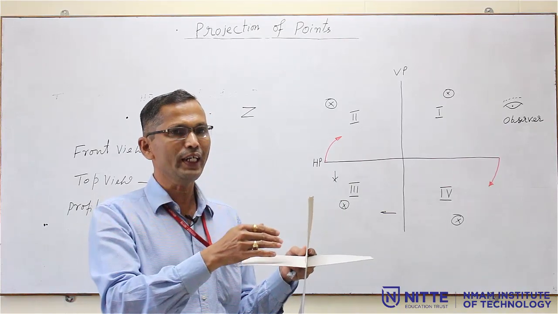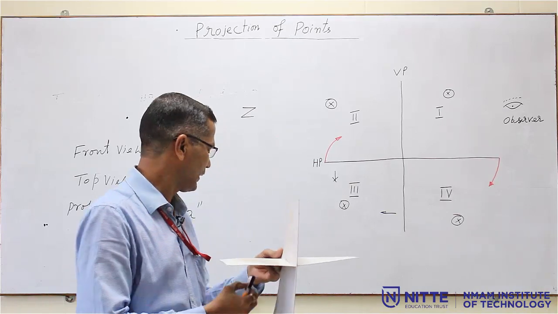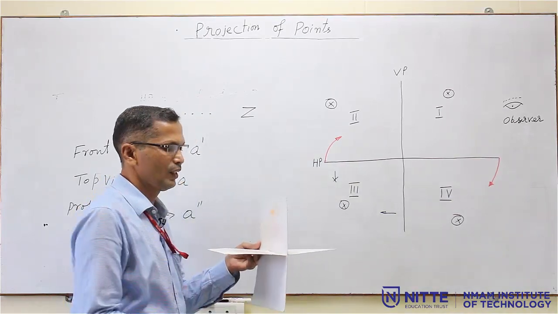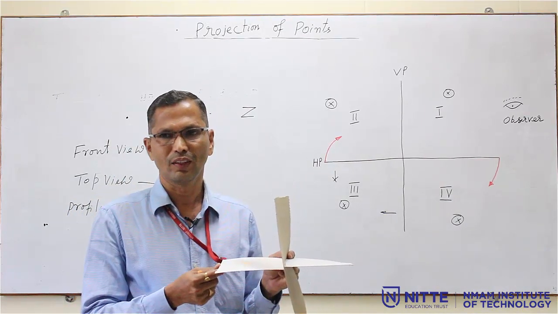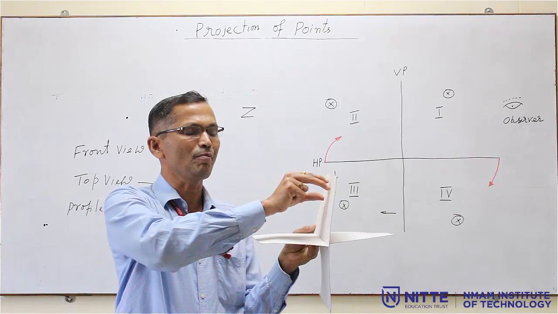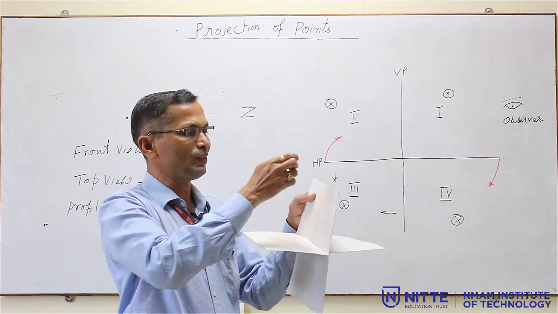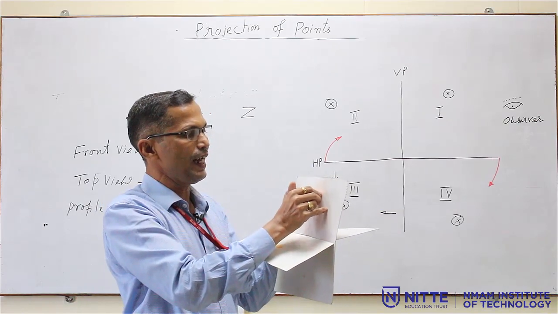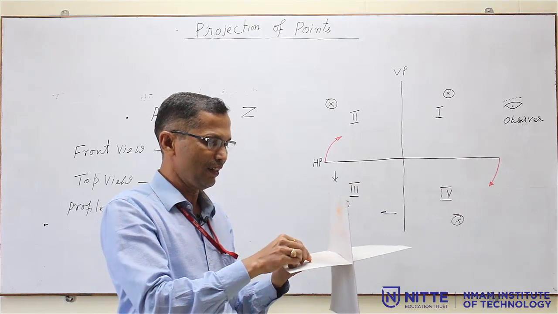Now, we have to draw it in the drawing sheet or in the grid sheet, that is 2-dimensional. So, how to convert this 3D into 2D? The front view you are going to get on the vertical plane and the top view will be on the horizontal plane. The front view is called a dash and the top view is called a.